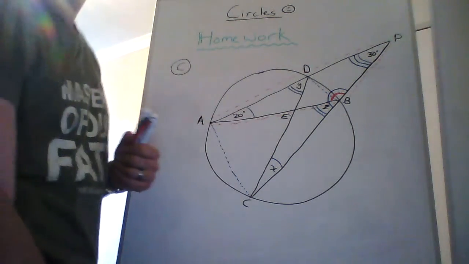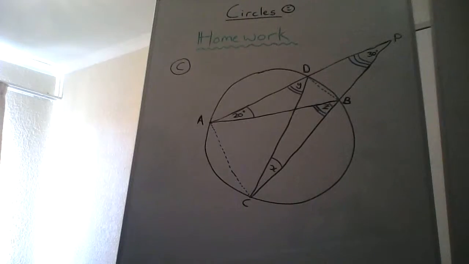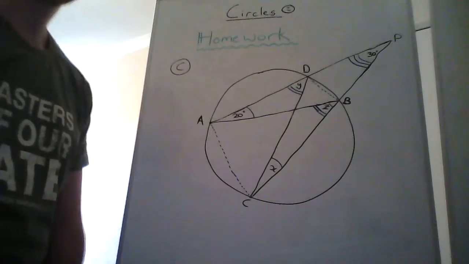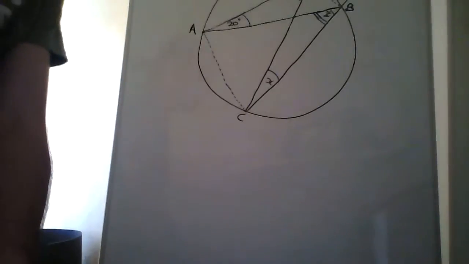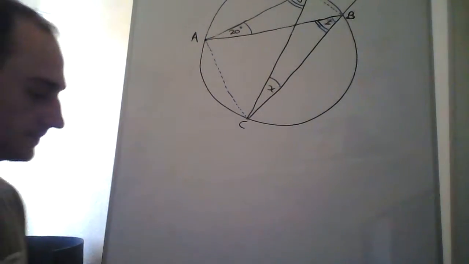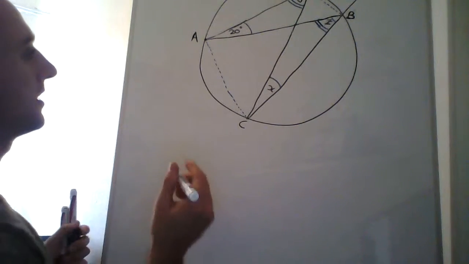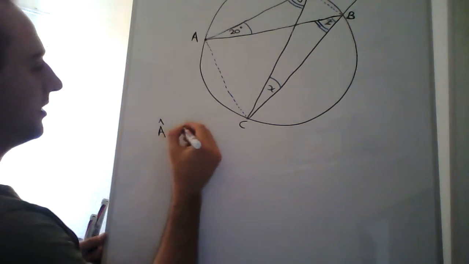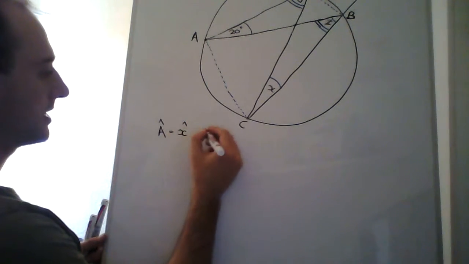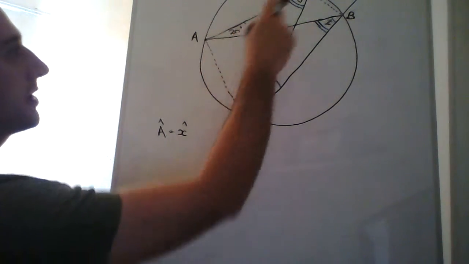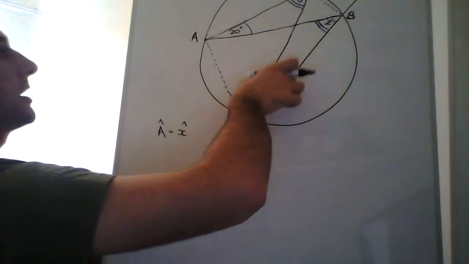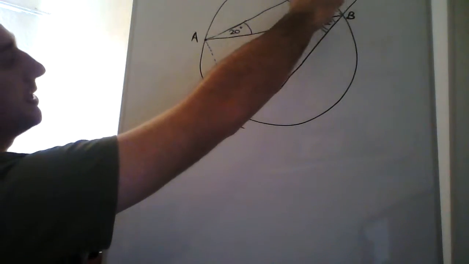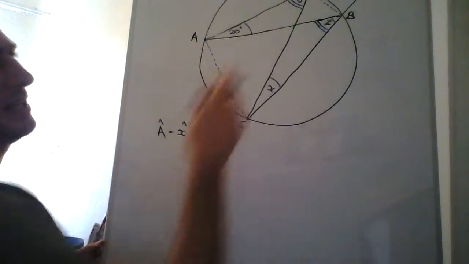So let's quickly erase everything, and let's begin with that now that we've seen the similarities, or now that we've seen some things on the board. Okay, so we've erased most of the markings from our triangle, but now let's get into the maths. The first thing I'm going to say is, when looking at this, that angle A equals X, or angle X, and we know this is theorem 3 again. Both angle A and angle X are subtended by the segment DB over here.